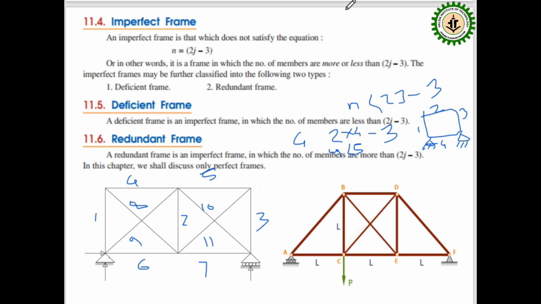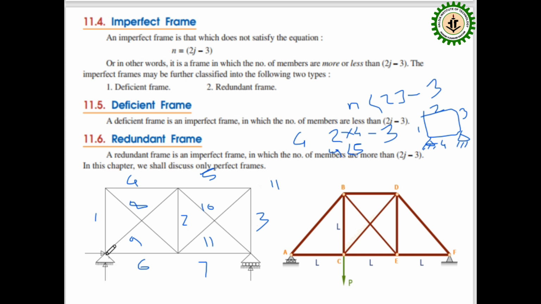So here the number of members is 11. Or here we can count the number of joints.